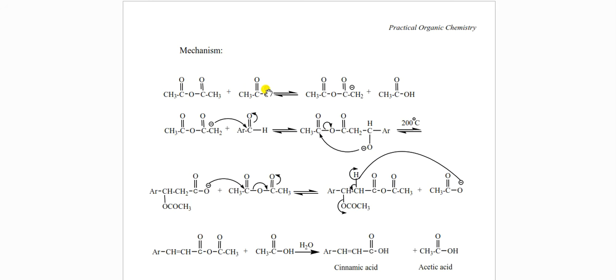In the presence of alkali, this base will abstract the hydrogen to produce a nucleophile, a carbanion. This carbanion will attack the starting material in this reaction, which is benzaldehyde, an aromatic aldehyde. So the negative charge attacks the partially positive carbon of the carbonyl in the benzaldehyde to produce this intermediate.